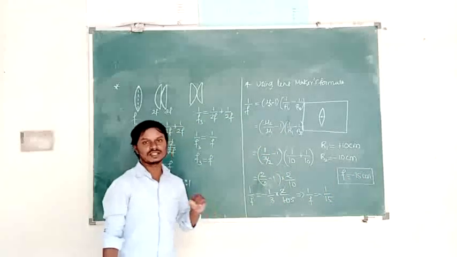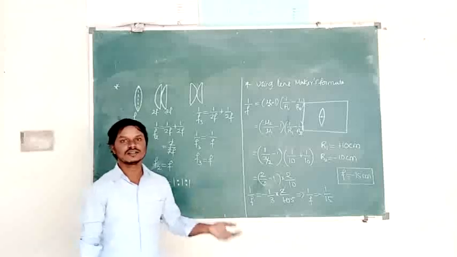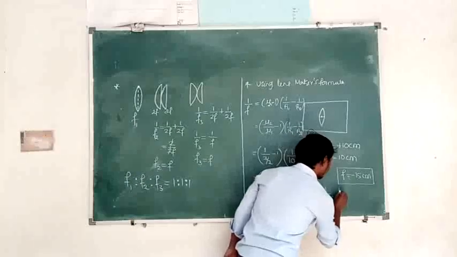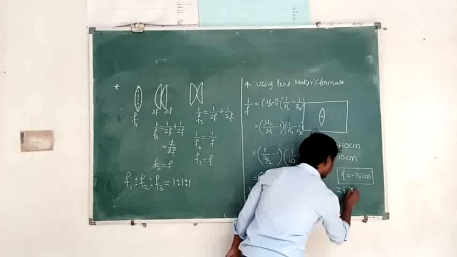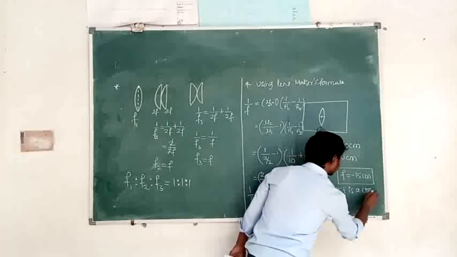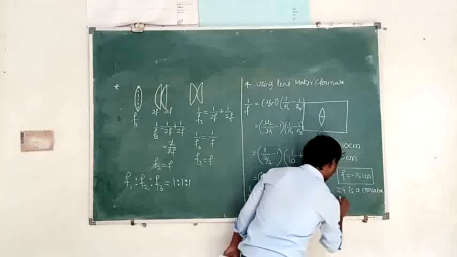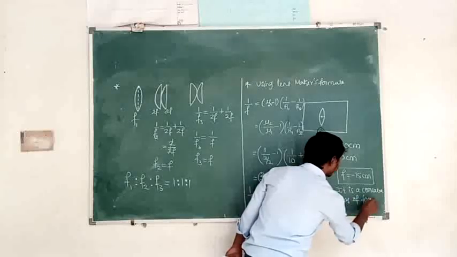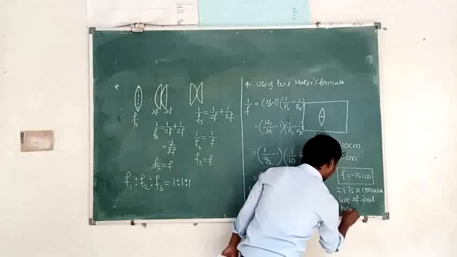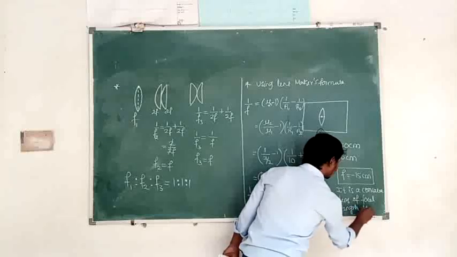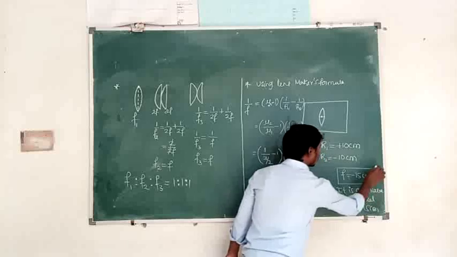If the focal length is positive, then it is a convex lens. So it is a concave lens of focal length 15 centimeter. Hence, it is the answer.